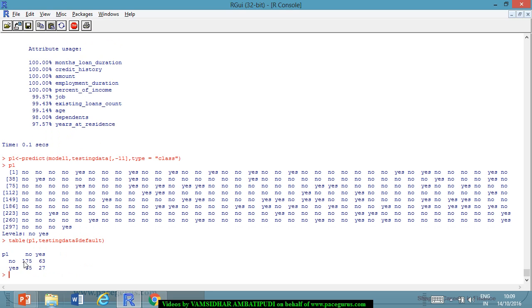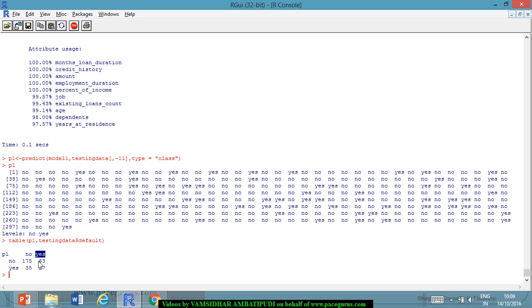So it's saying 175 are correctly classified as no, 27 are correctly classified as yes, but in the case of this 63, my model has predicted as no, whereas they have actually defaulted.